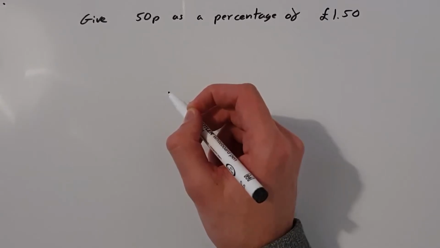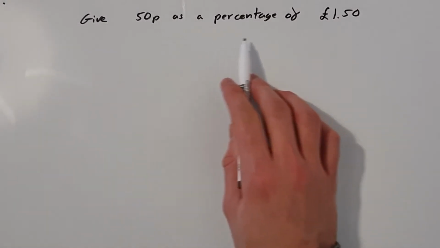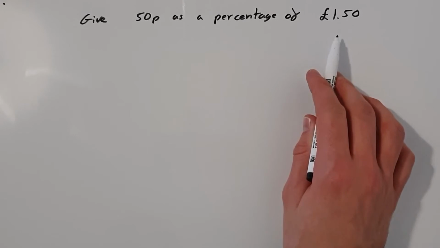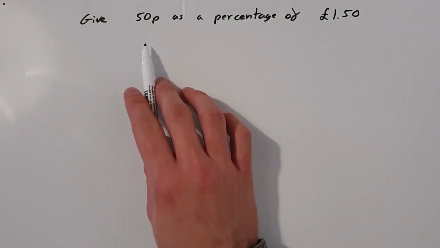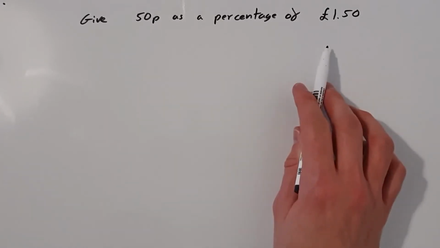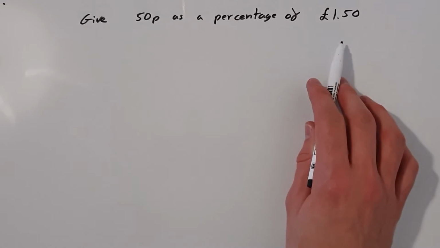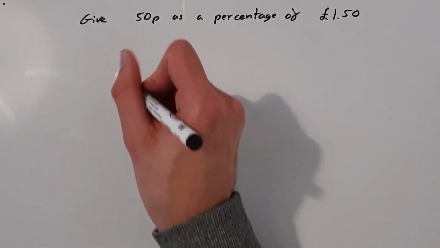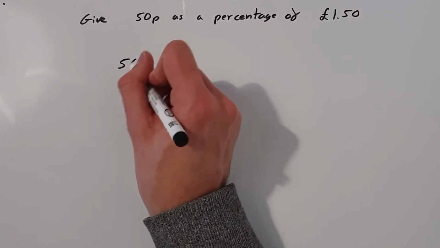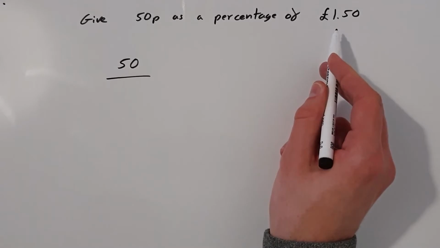So the next question we're going to look at is give 50p as a percentage of £1.50. What this question is essentially asking is what proportion is 50p to £1.50? So what we do with this one is we divide them. We do 50p as our numerator, and our denominator will be £1.50.